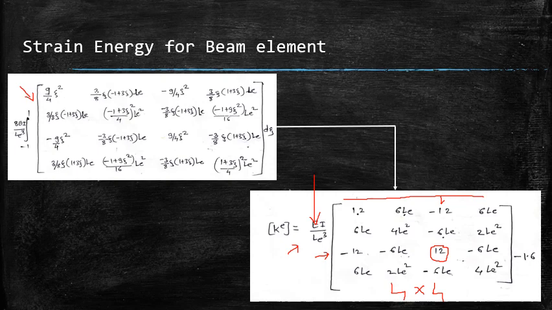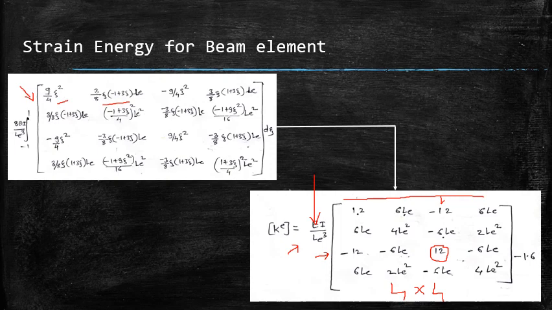One thing I would like to mention here is that we could have represented this Ke matrix in terms of x instead of in terms of zeta. But since we have changed our coordinate system from x to zeta, the integrals appear as functions of zeta and not functions of x.